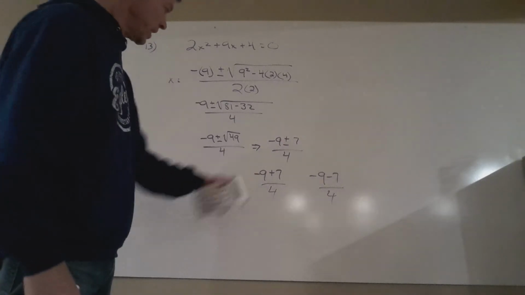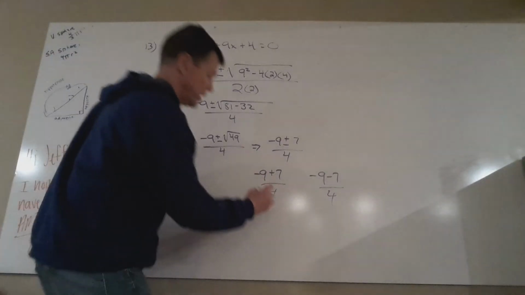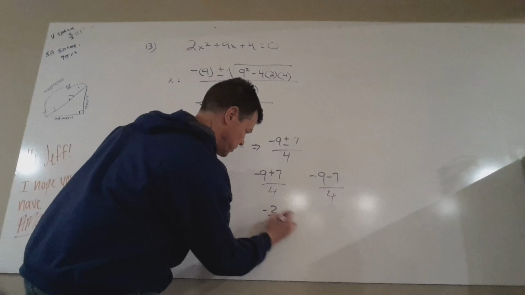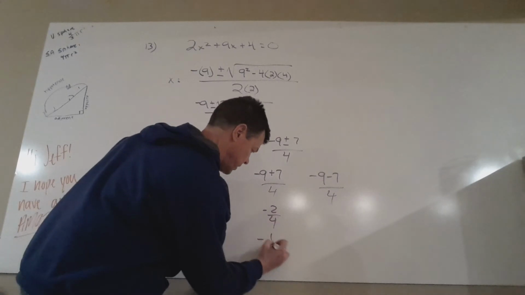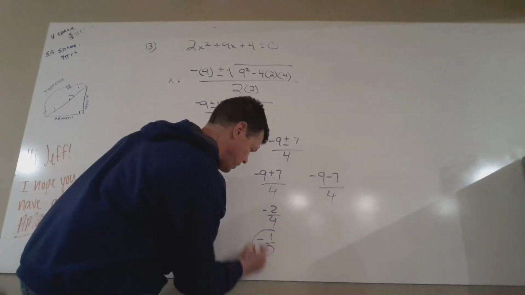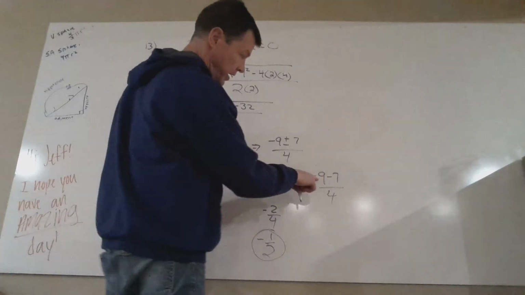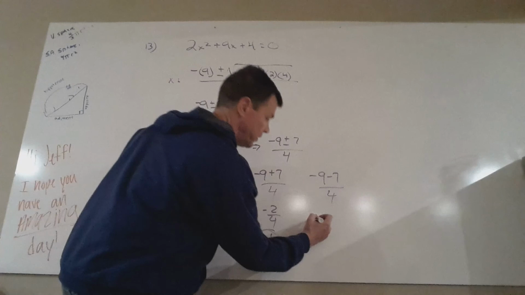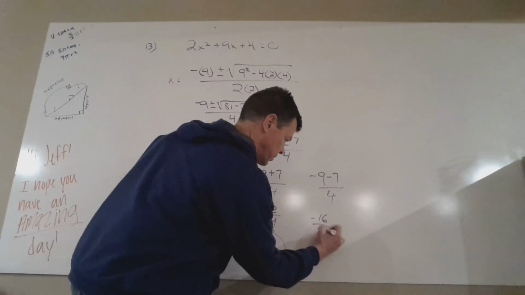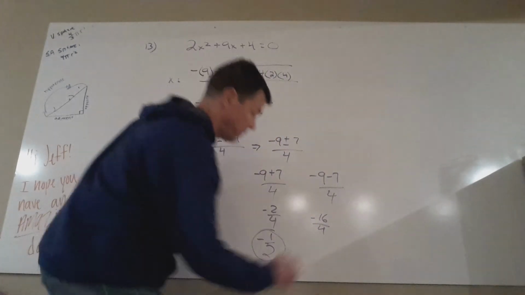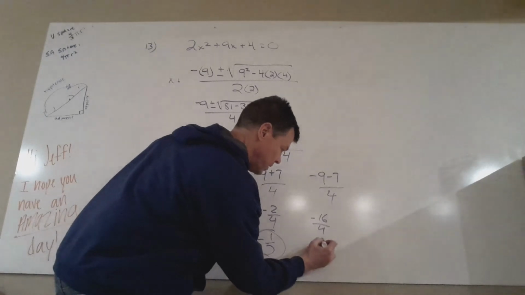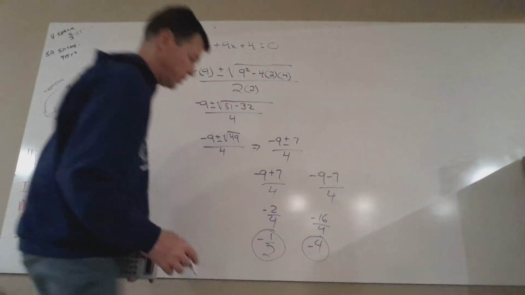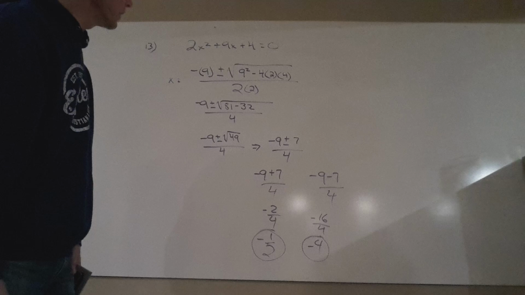Negative 9 plus 7 is negative 2/4, simplifies to a negative 1/2. On this side, negative 9 minus 7 is negative 16. Negative 16 over 4 simplifies to negative 4. There are your two solutions, negative 1/2 and negative 4.